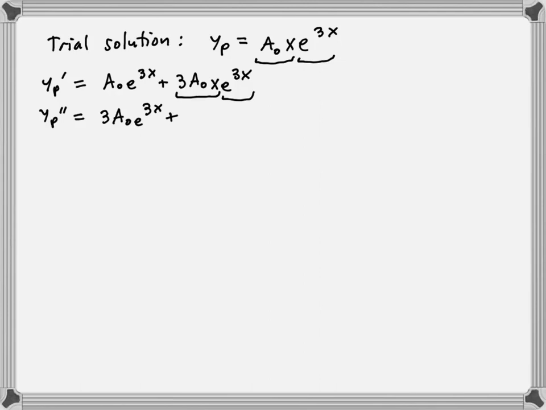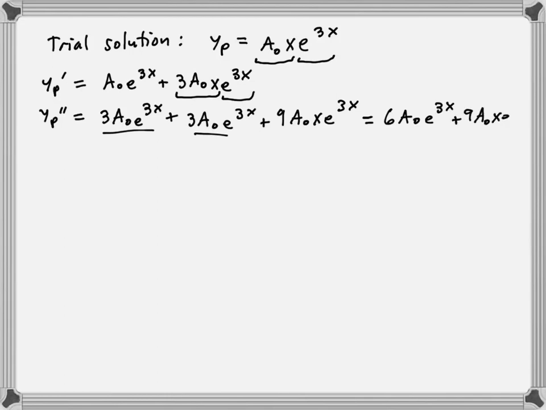This is going to be the derivative of the first, which is 3a naught, times the second, plus the first times the derivative of the second. It's going to be 9a naught x e to the 3x. But these two are like terms, so I'm going to combine them, and I get 6a naught e to the 3x plus 9a naught x e to the 3x.